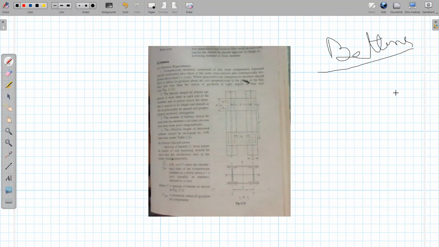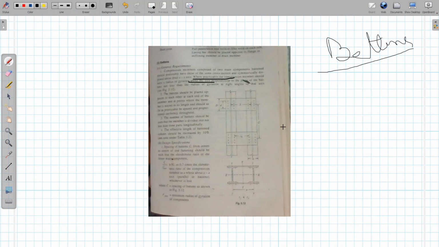So the first guideline says that the battens should preferably have the same cross-sectional area everywhere, and should be placed symmetrically about their x-axis.